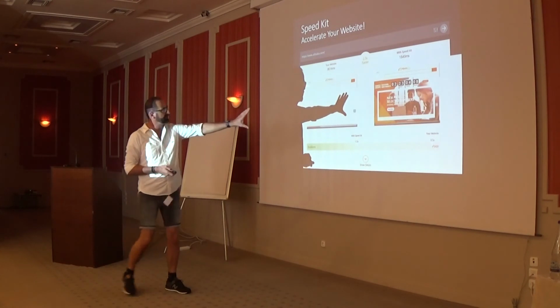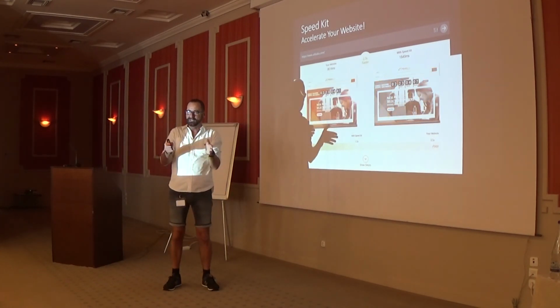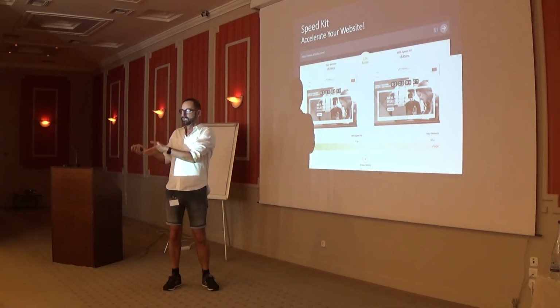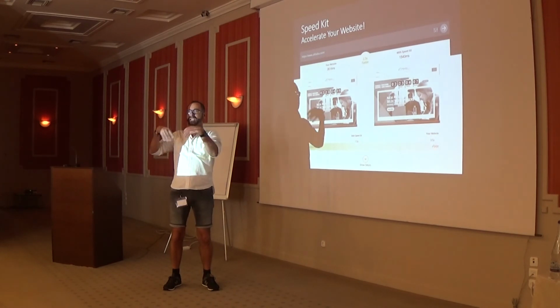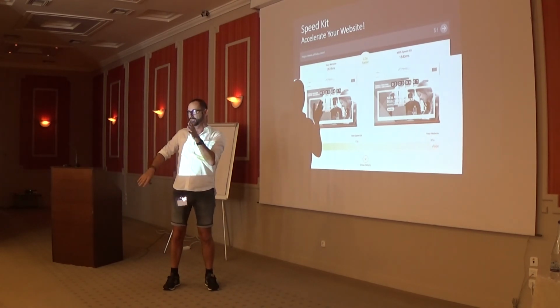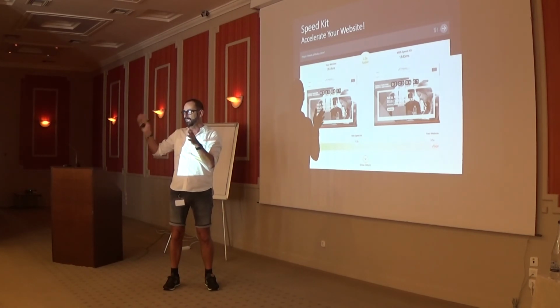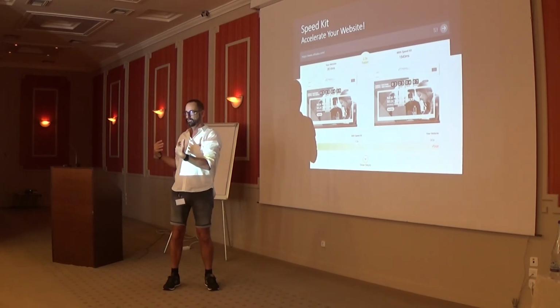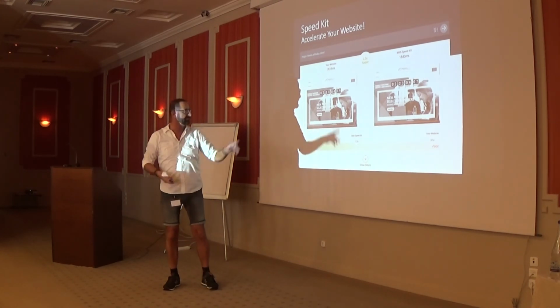With speed kit, you can just use the backend on top of an existing application. The service worker captures all the requests going to the original website and redirects them to the caching infrastructure we have. Then you can speed up existing web applications like this.